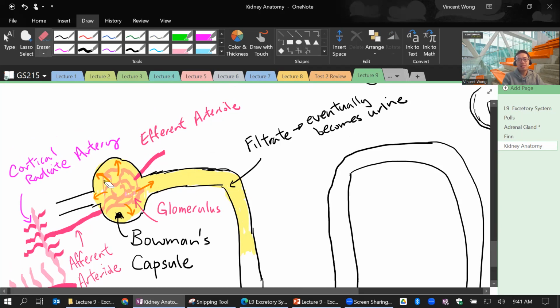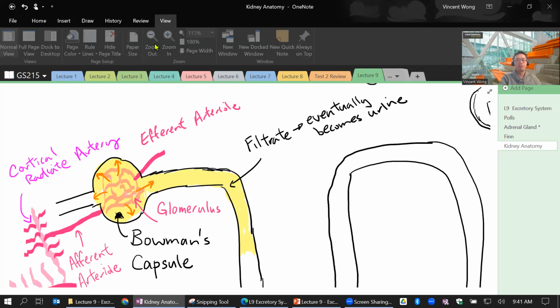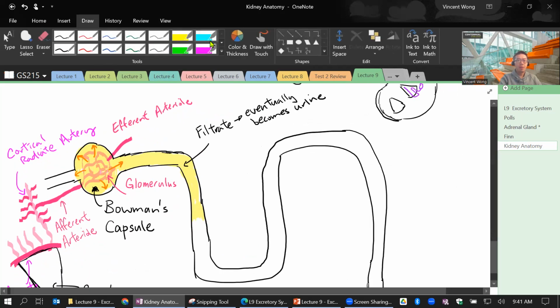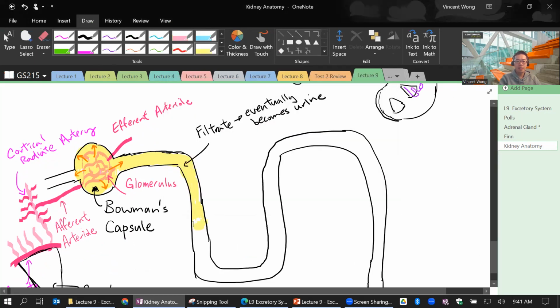But like I said, this is just the first step of urine production. There's a lot of good stuff in there that we want to get back. Okay, like we want to absorb back some of the water, we want to get back some of the nutrients, and that's going to happen along the way of the nephron. Okay, but the key thing here to remember is the filtrate is just the fluid that's inside the nephron right now.